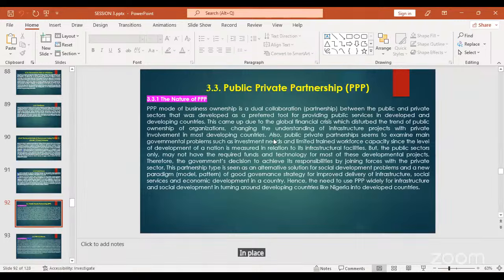Now, public-private partnership. What brings about public-private partnership, and what are the benefits, or what is public-private partnership?